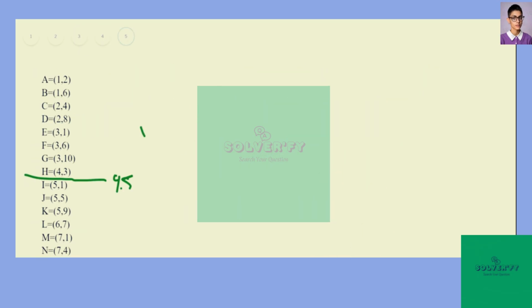So we want an x-coordinate to be 4.5 plus or minus 2. And we want the y-coordinates of the points that we choose to differ by less than 2. And in this case, we can use H and I as having the shortest distance.